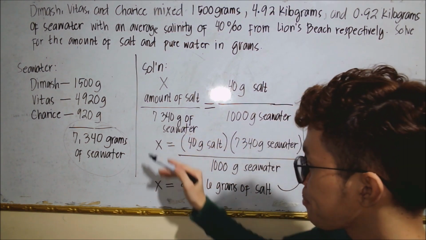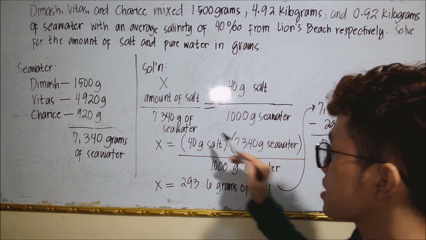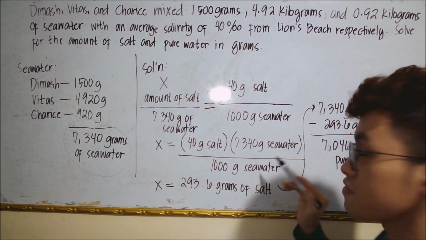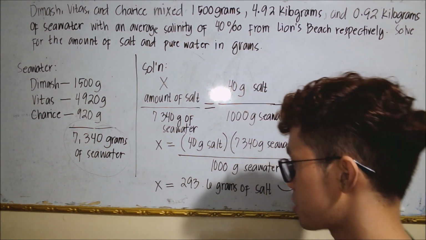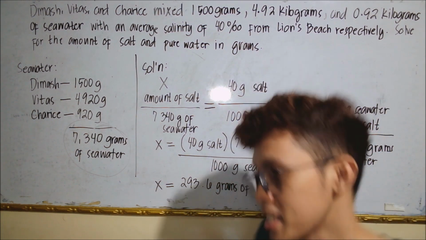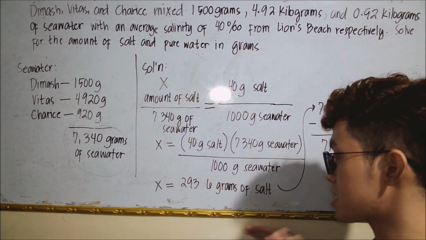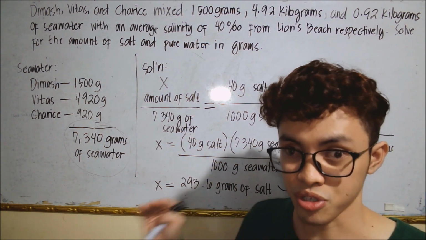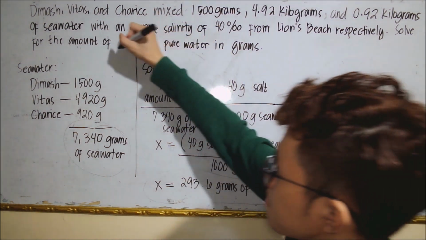Now X is equal to 40 grams of salt times 7,340 grams of seawater over 1,000 grams of seawater. And we'll get 293.6, and this is the amount of salt. And we're done with the amount of salt.